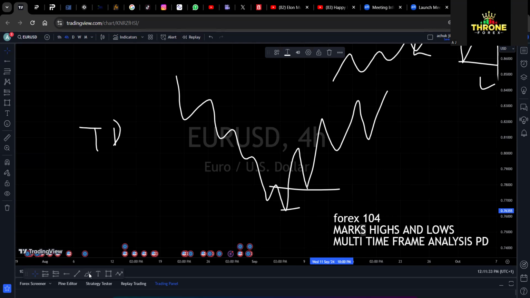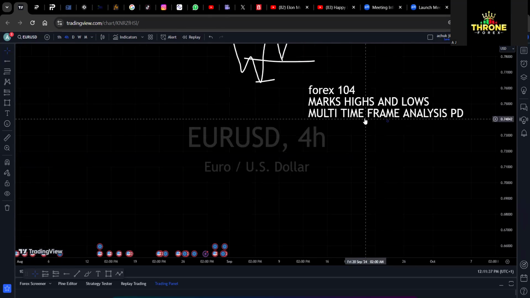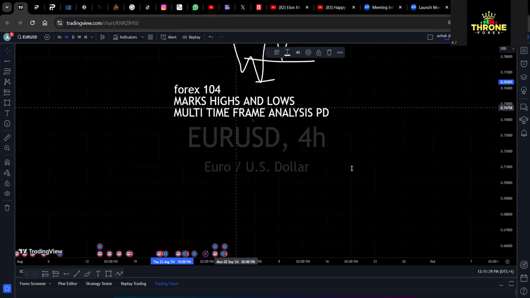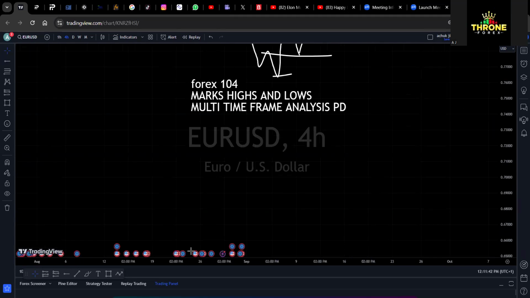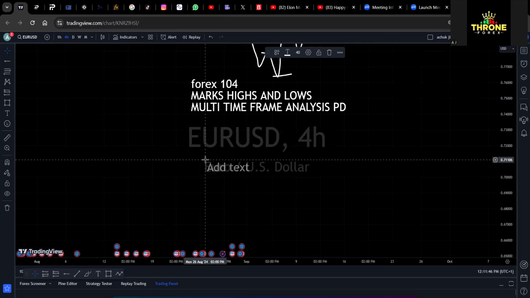In order for a trader to be able to mark their highs and their lows, you need to understand the concept of time. And the concept of time is basically knowing that we live in time, and time is subdivided into, so we have the whole concept of time, and then we have maybe year.